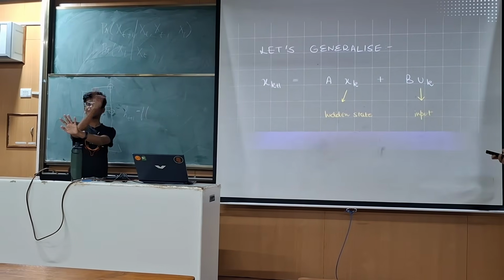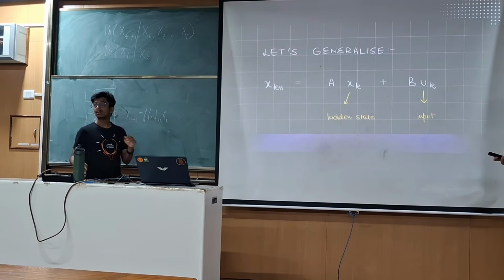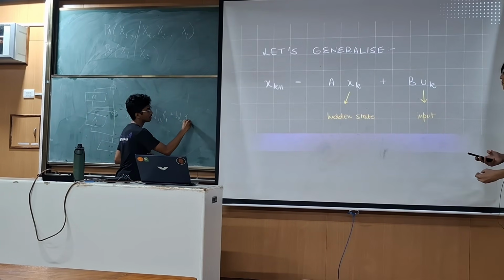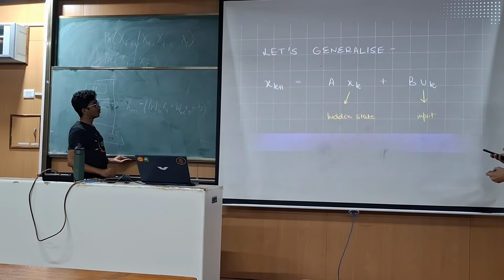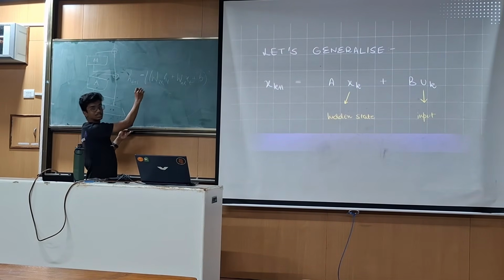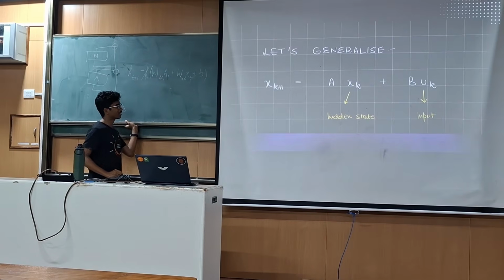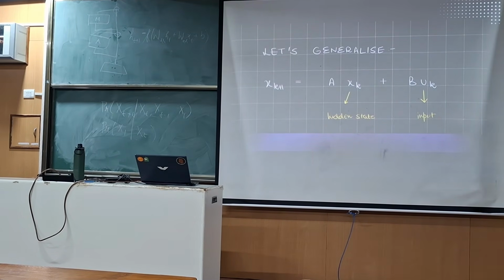So you're taking h_t, doing some transform, then adding the transform of the input. So what is the difference between that and this? That is the loop back. It's very similar to an RNN equation, except that it doesn't have an activation.